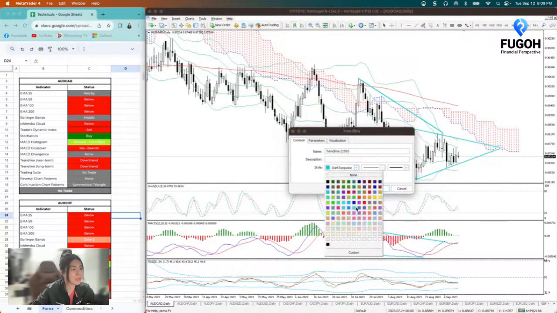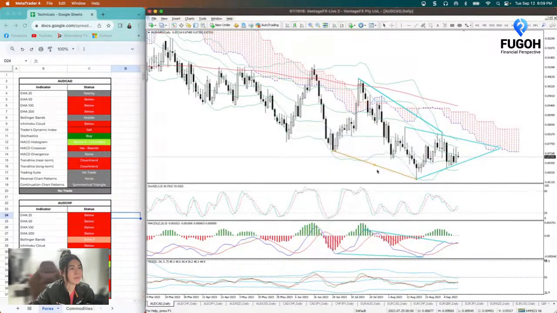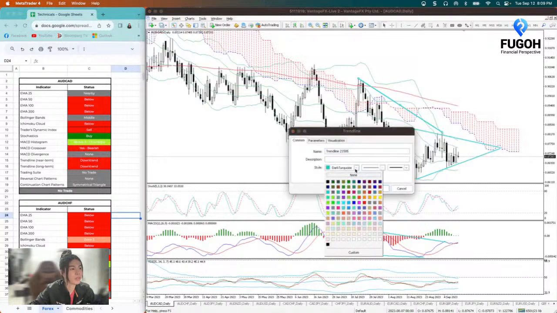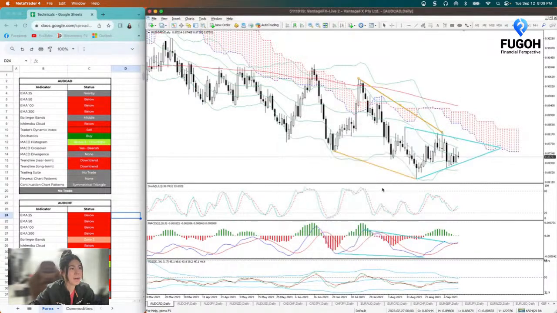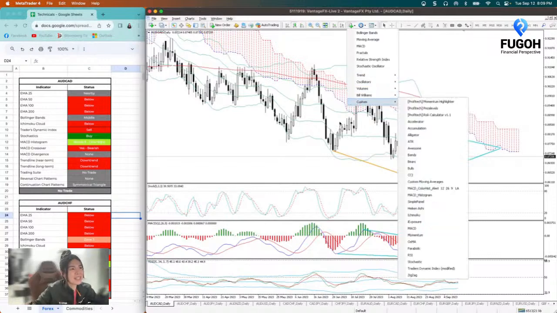Let's make it into, let's say, what color do you want, guys? Let's say orange. Orange, all right. So the orange color is for the MACD convergence. If you wanted to cheat for the convergence divergence thing, there is a cheat here.